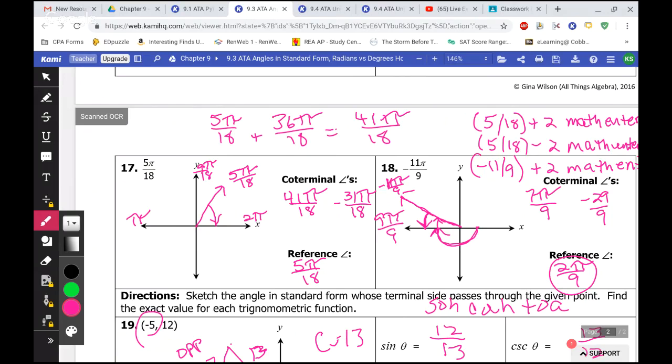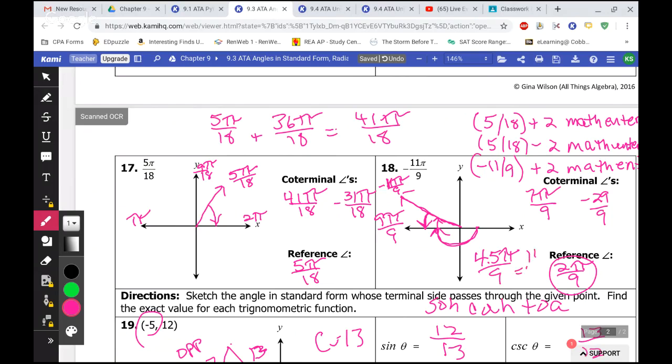Because the reference angle on number 18 is supposed to be less than 4.5 pi over 9. That's why I was struggling with that. You know what I'm saying? Because it's half, so it's like 4.5 pi over 9. You need to make sure that reference angle is, and obviously it is here. And that's why I was like, if I'm writing a decimal and a fraction, that should shut somebody completely down.